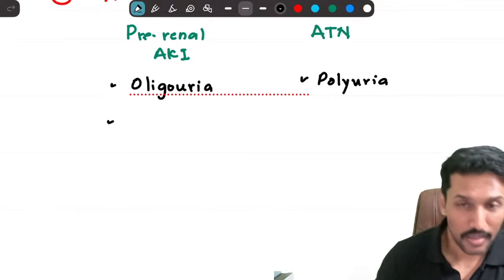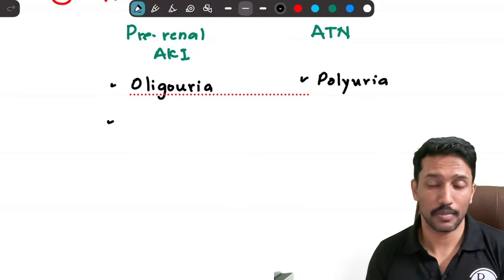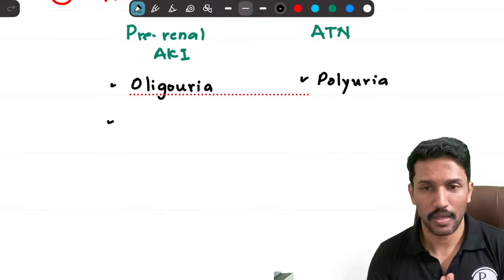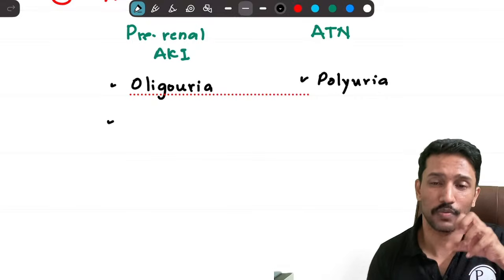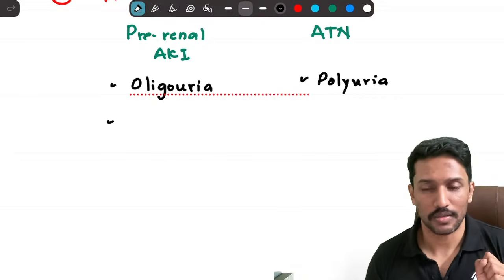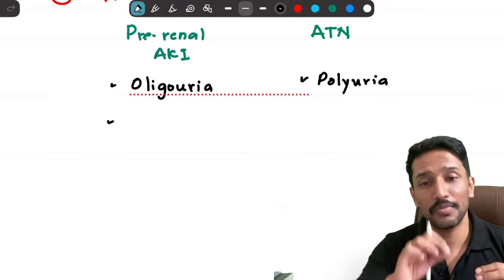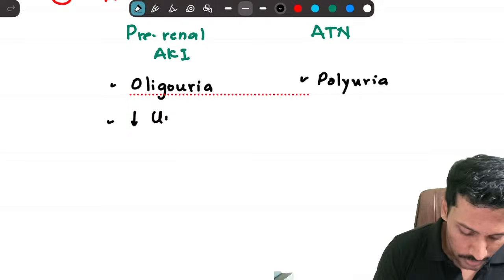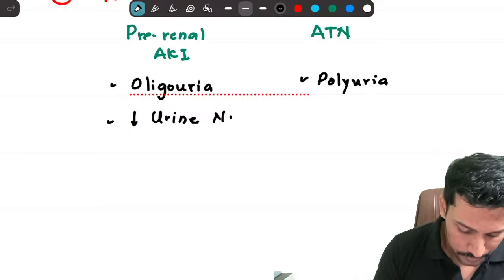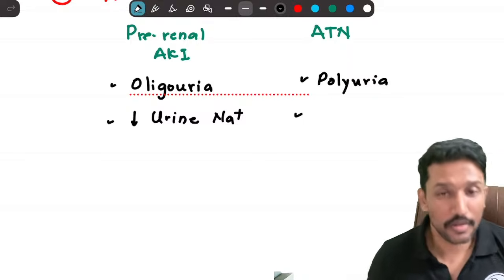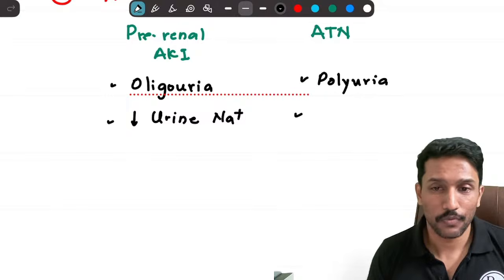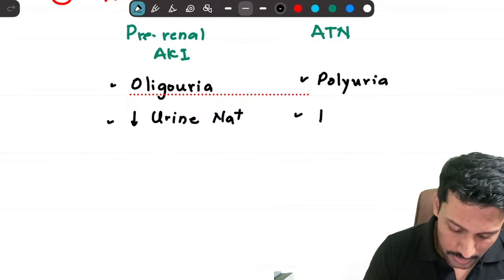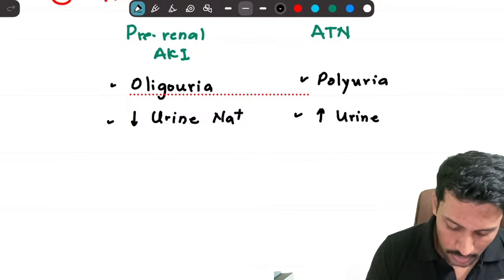Second, when you have prerenal AKI, because of hypovolemia and hypotension, there is activation of RAS, and aldosterone makes you reabsorb most of the sodium and water. Because you're reabsorbing sodium, the amount of sodium excreted in the urine will be less, so you'll have low urine sodium. But in acute tubular necrosis, you're not able to reabsorb the water and sodium, so you will have increased urine sodium.